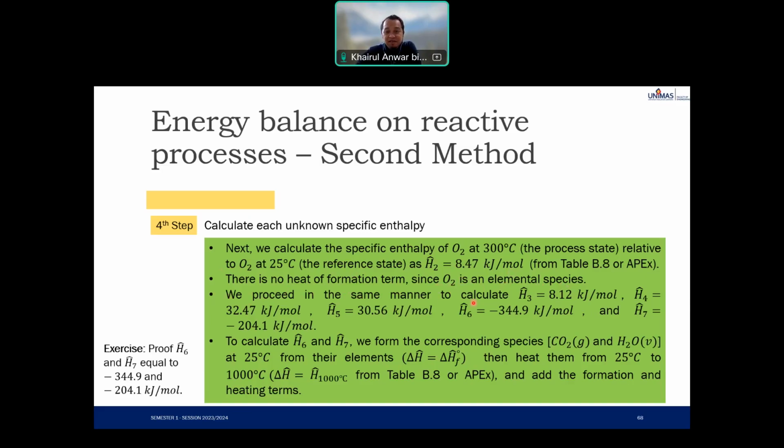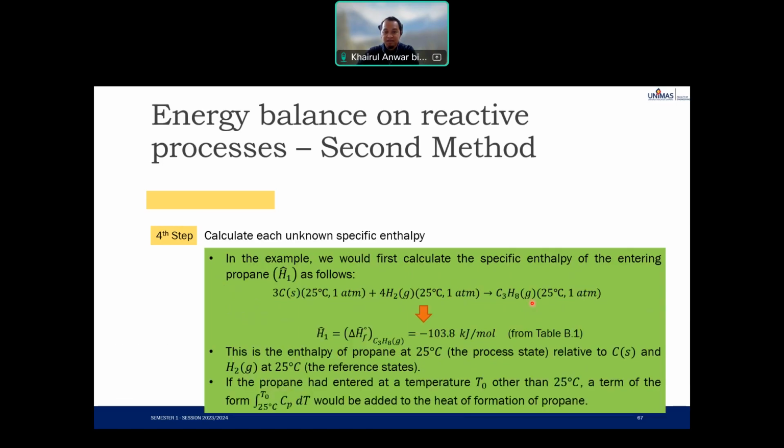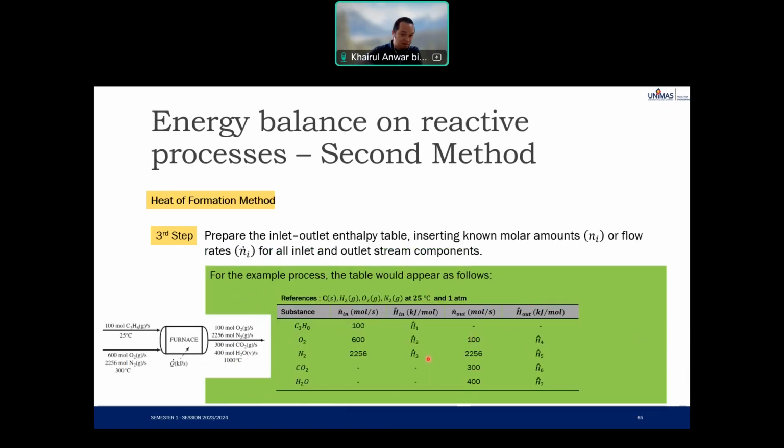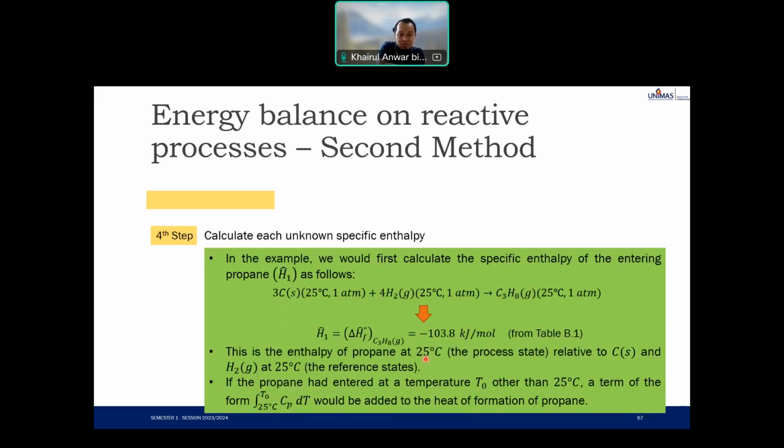We proceed in the same manner to calculate H3, H4, H5, H6. So what is H3? H3 is oxygen at 300 degrees C at 0.12.